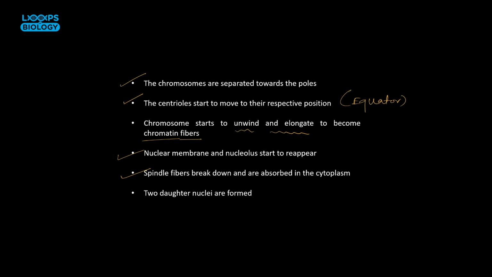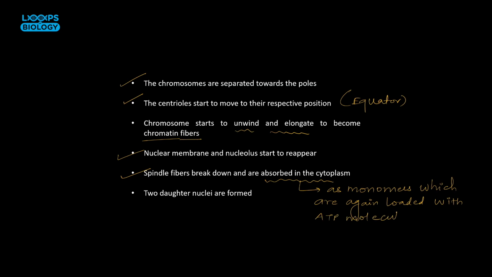All the spindle fibers are absorbed as monomers in the cytoplasm, which are again loaded with ATP molecules and used for further cell division if required.